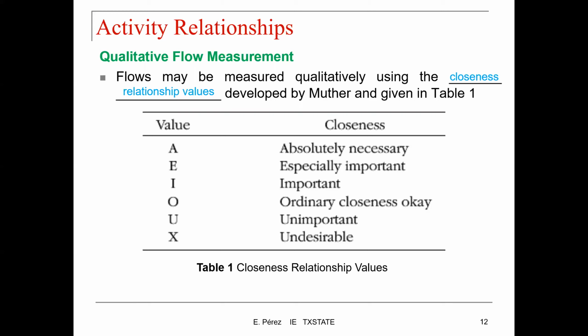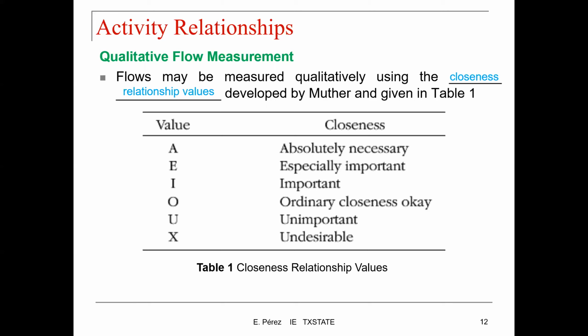Another example could be, let's say you have a department that produces a lot of noise, and you have a department that is an office that you would like to have located far from the noisy department.